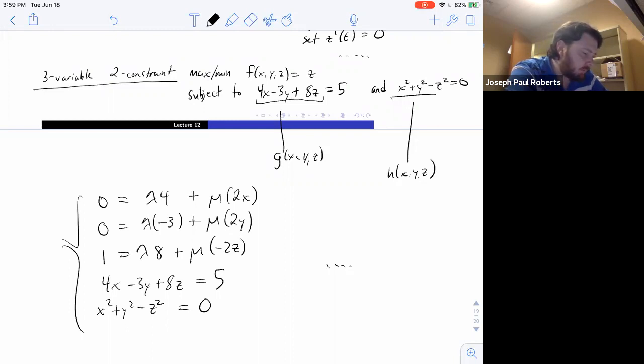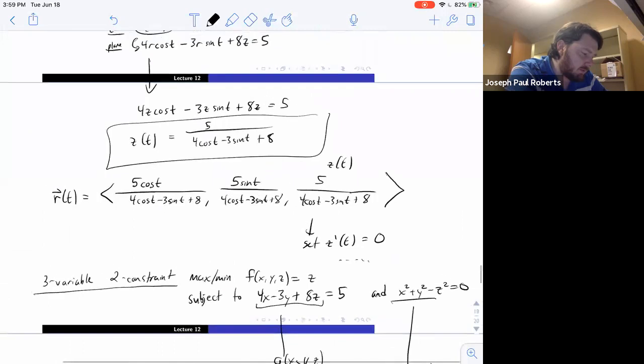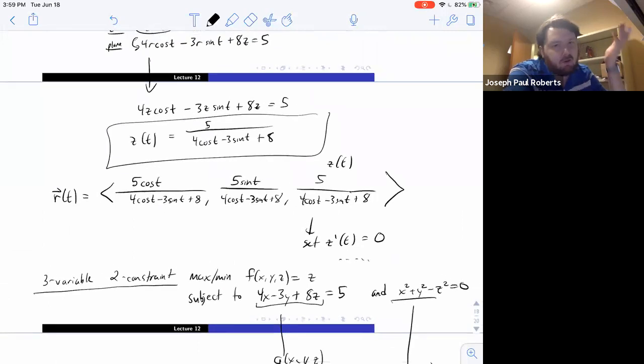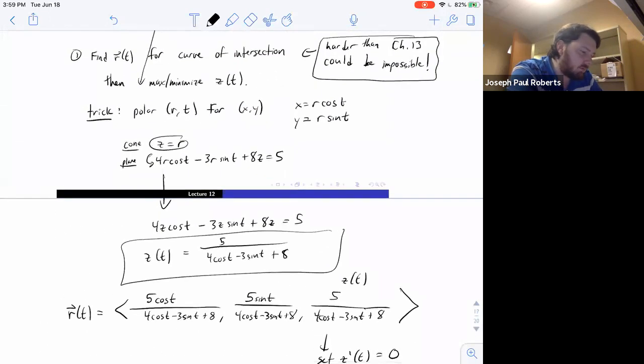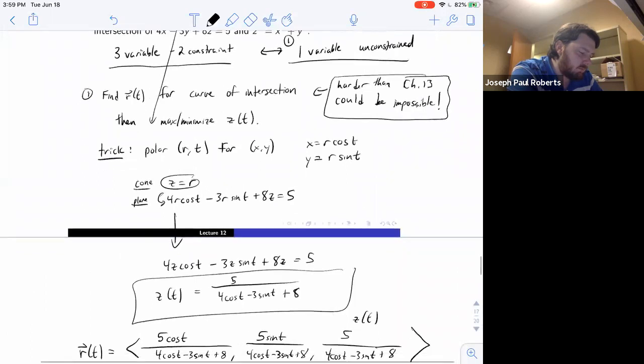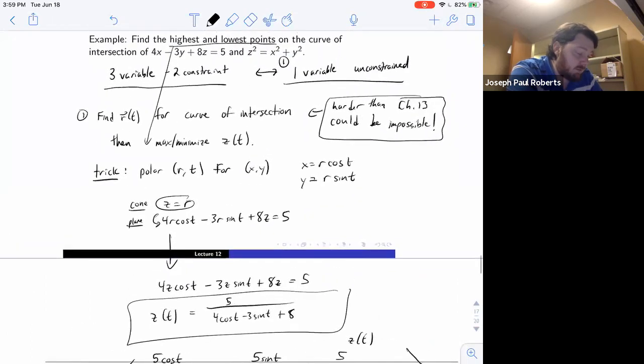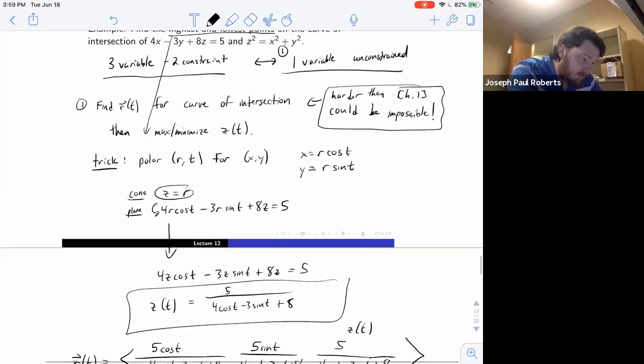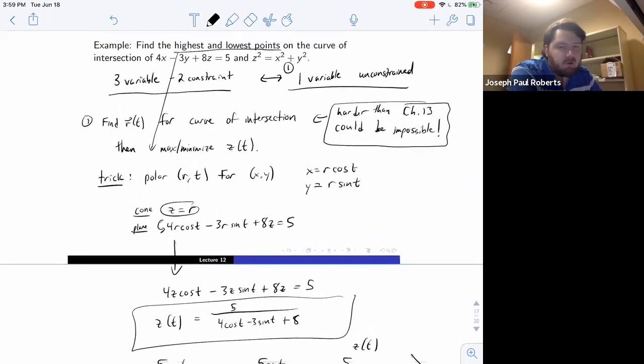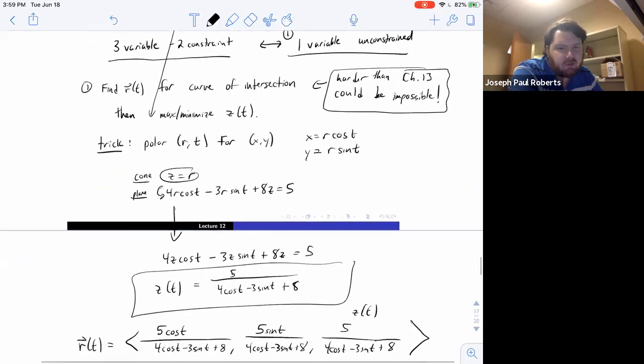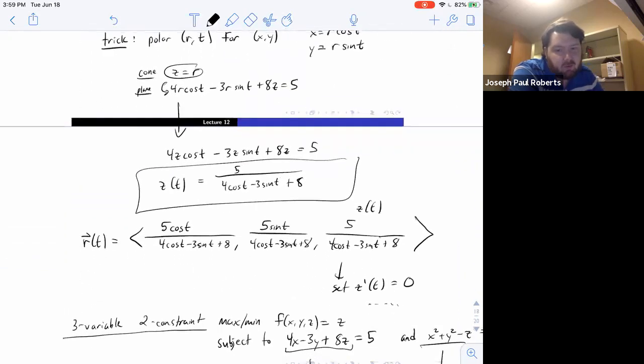But I thought it would be fun to look at this. And like we saw earlier today, there's always different ways you can approach it. If your equations are tractable and you can eliminate variables, it turns out that this is a Calc 1 problem in disguise. Once you've figured out the parameterization r of t for this curve of intersection, it ends up being a Calc 1 problem. Set z prime of t equals 0.